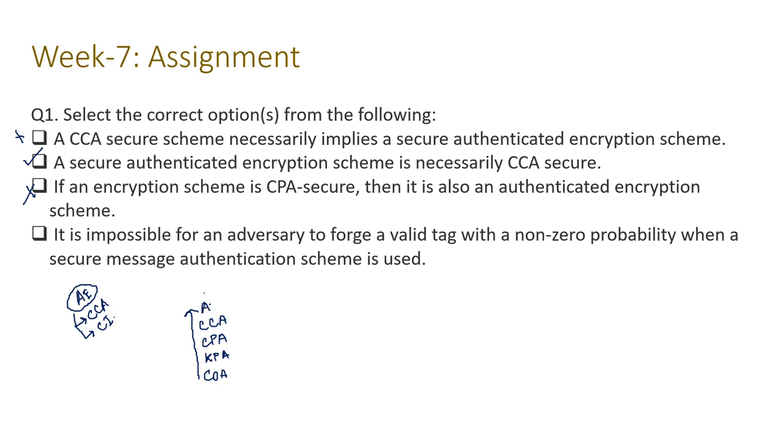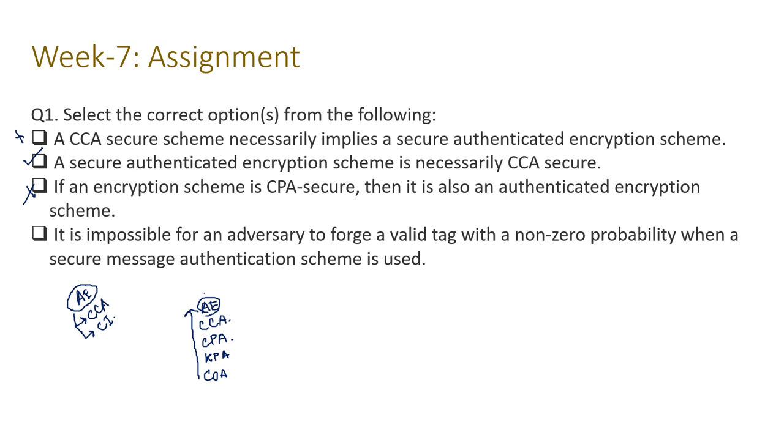Then comes AE, authenticated encryption, where the scheme has to be secure against chosen ciphertext attack and should also satisfy ciphertext integrity. So apart from confidentiality, integrity or authenticity is also ensured there. Because CPA security does not imply CCA security and CCA security does not imply AE security, this statement is wrong.